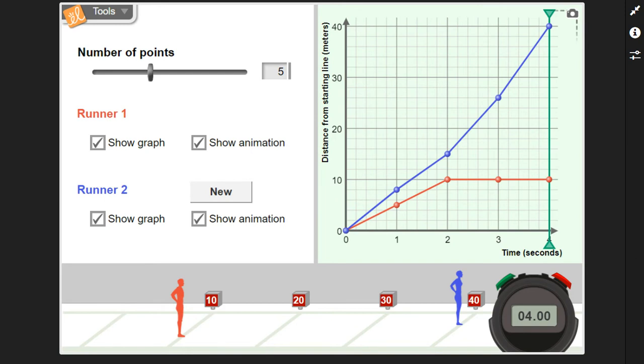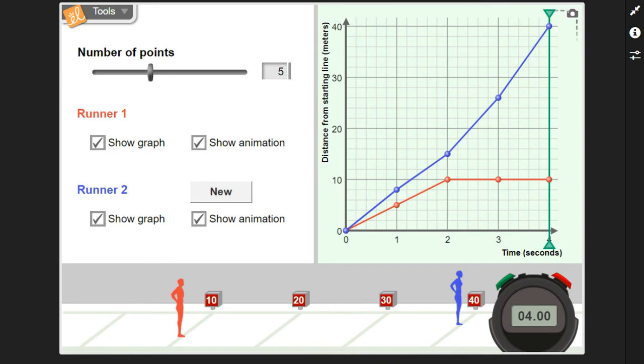So the motion of the blue runner: they ran at a constant speed forward, and then at the 2-second mark, ran faster. How would you describe the motion of the red runner? The red runner runs forward at a constant speed until they get to the 10-meter mark, and then they stopped until the end of the race. What did the red runner do from 2 to 4 seconds? From 2 to 4 seconds, the red runner stayed stopped, because that's what that horizontal line means.